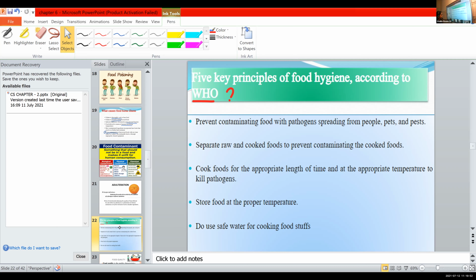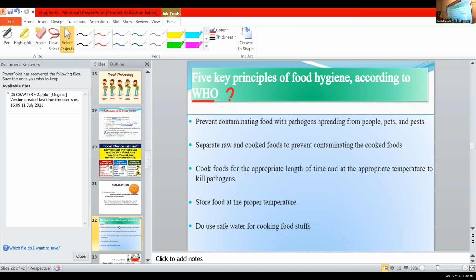Cook foods for the appropriate length of time at the appropriate temperature to kill pathogens. It is very important to cook food until it boils. Appropriate temperature only kills these pathogens. Otherwise, these pathogens will always remain in the foods.